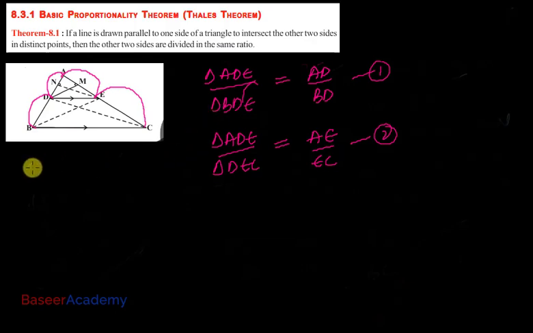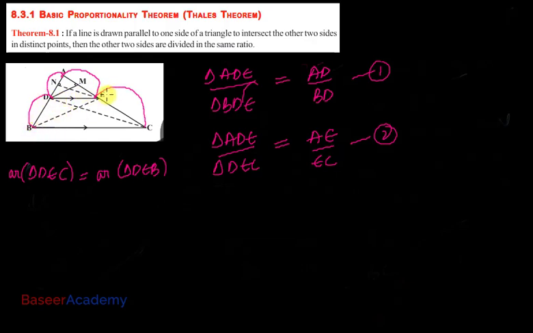So area of triangle DEC will obviously be equal to area of triangle DEB. Why? Because they lie between the same parallel lines and on the same base.